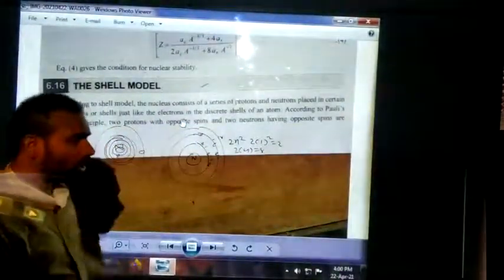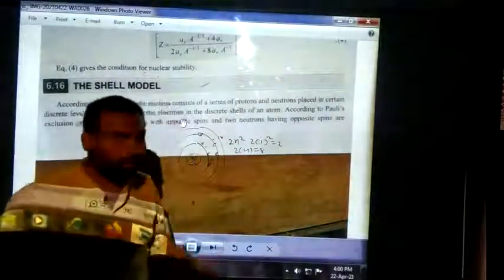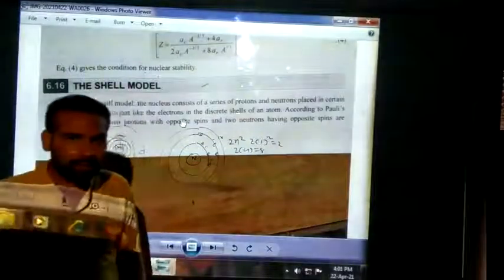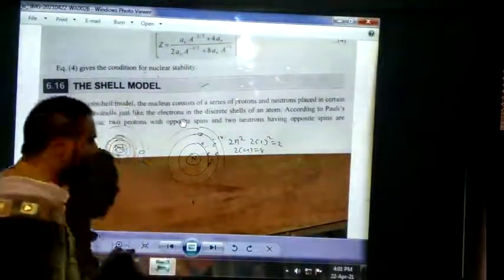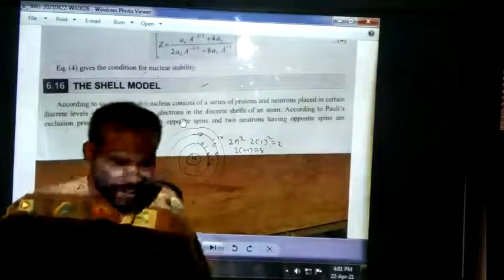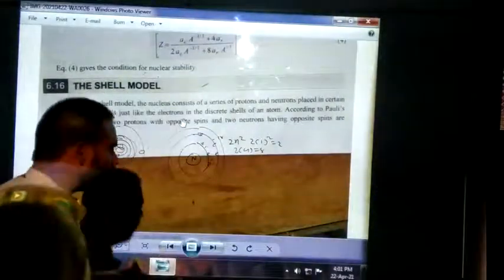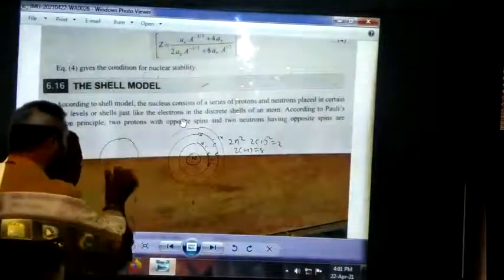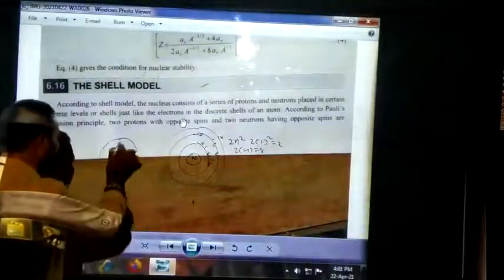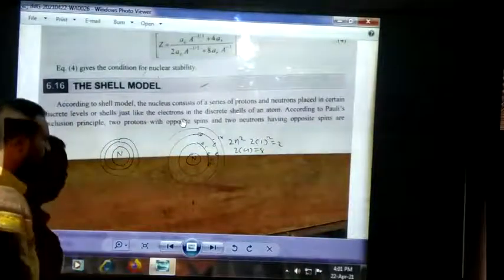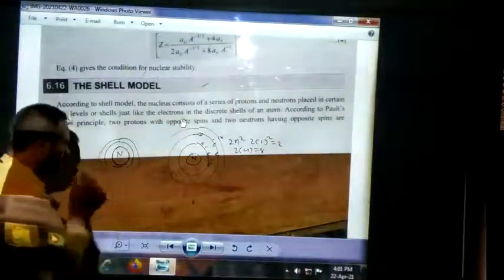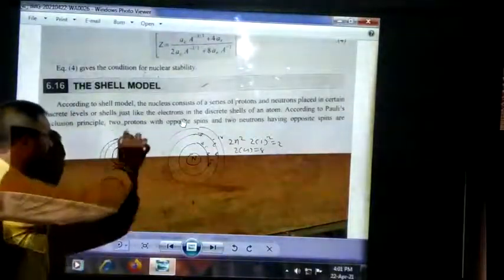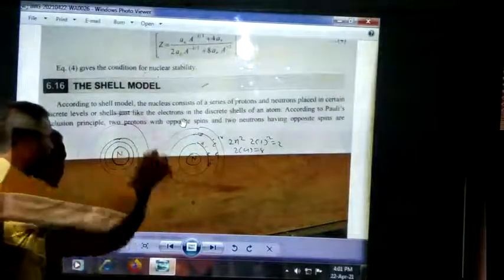And again, according to the Pauli exclusion principle, 2 protons with opposite spins and 2 neutrons with opposite spins will be accommodated in the first shell in the nucleus. Inside the nucleus we have a discrete series of energy levels, and outside the nucleus we have orbits for electrons.